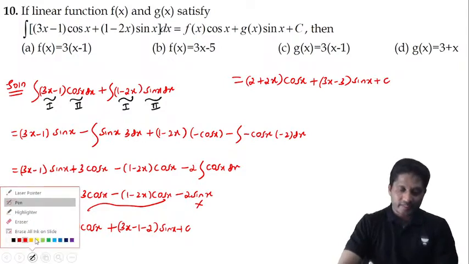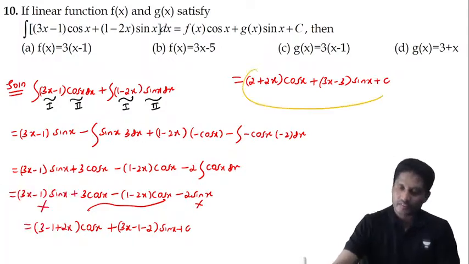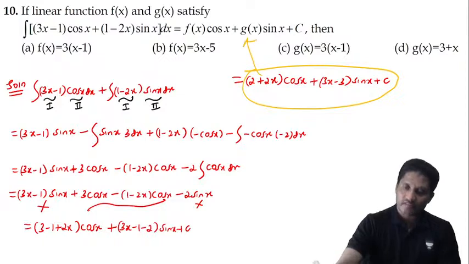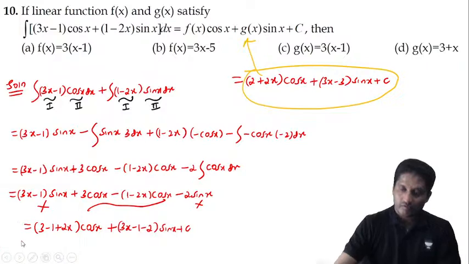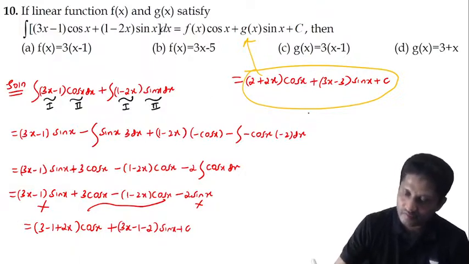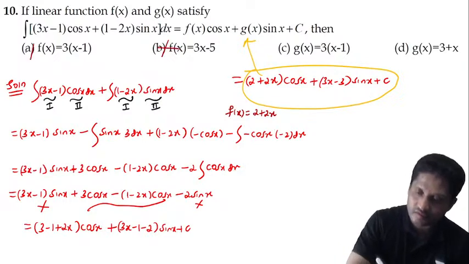Now I'm going to compare this with the given question. If you compare this with the given question, what is f of x? f of x will be equal to 2 plus 2x. This means that this option is out, this is out.